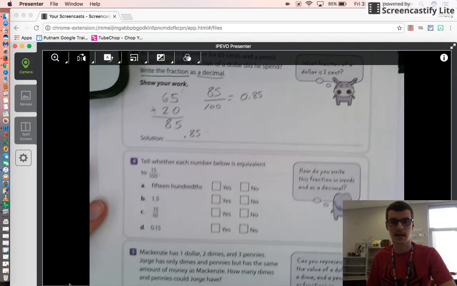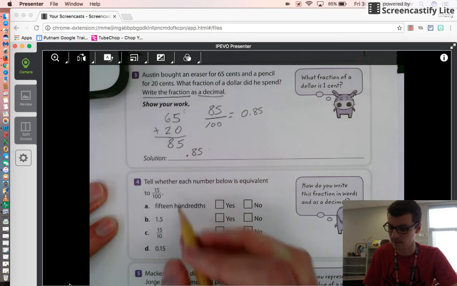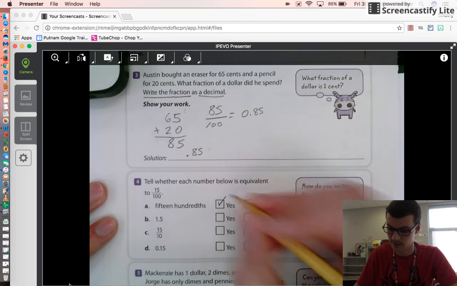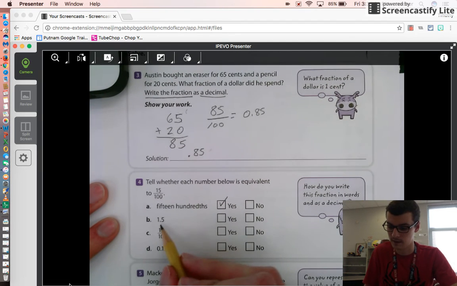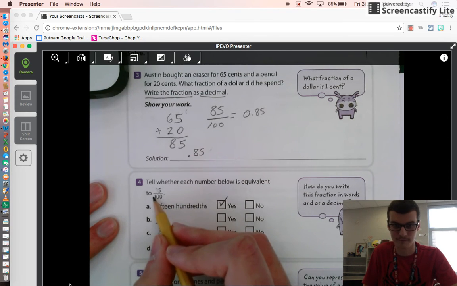Let's go through this last section right here, this yes or no box. Tell whether each number below is equivalent to 15/100. You just heard me read this fraction as 15/100. So yes. This one is pronounced 1 and 5/10. Well, this already has a whole number with it. This does not.